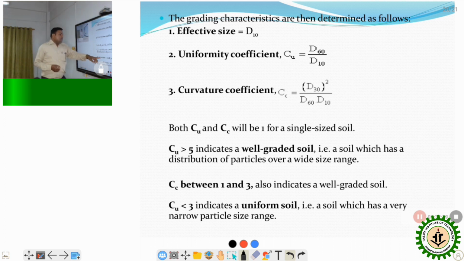If the CC value is beyond 3, or if it is less than 1, it will be uniformly graded or poorly graded soil. So in this way, from CC value and CU value, we can comment on the type of soil.